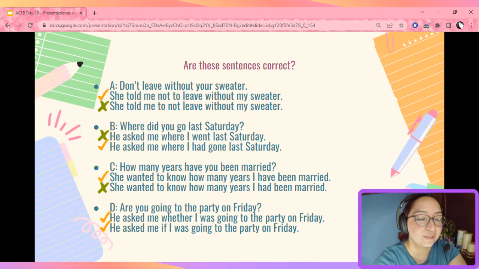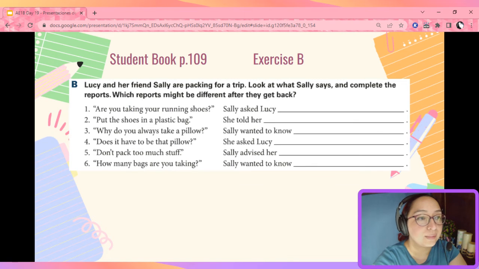Okay, let's move on. Now, let's go to student book page 109, Exercise B. Here, we're going to report the things that Sally said. Sometimes there is more than one correct option. Let's see. Are you taking your running shoes? Sally asked Lucy. This is a yes/no question, so what are the two words we can use?